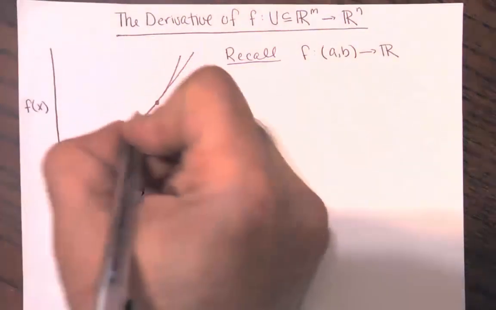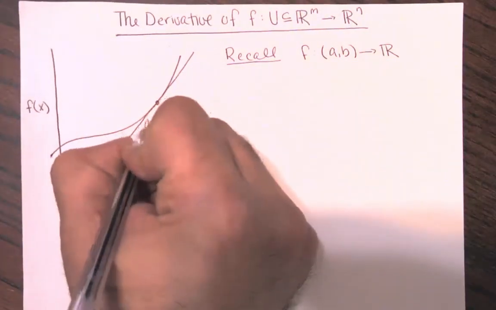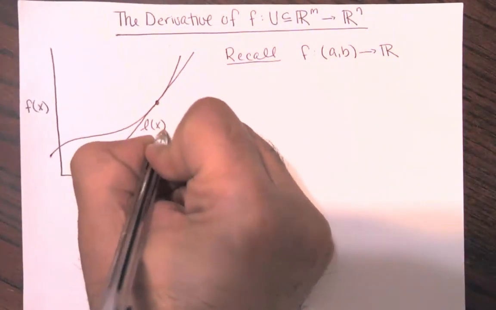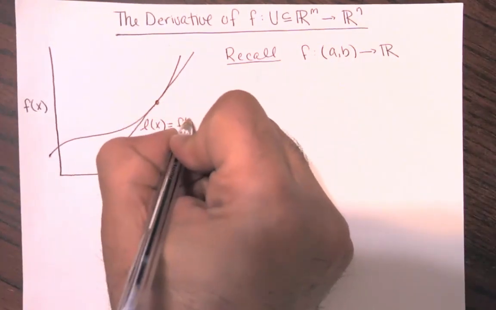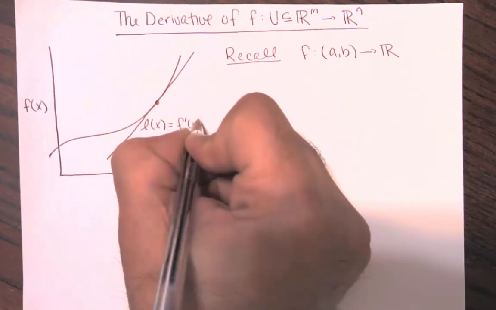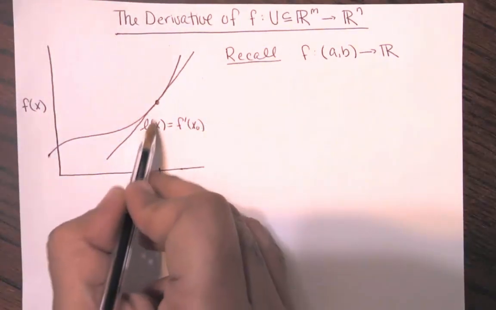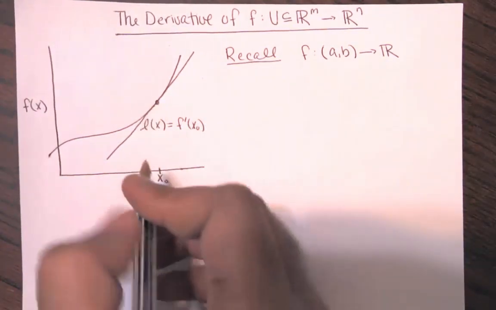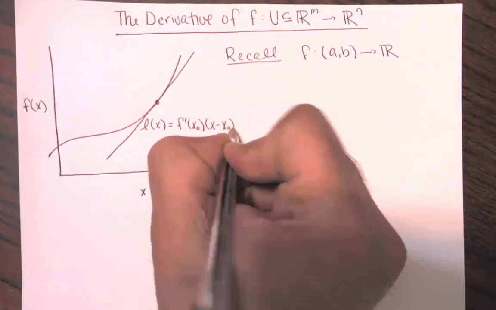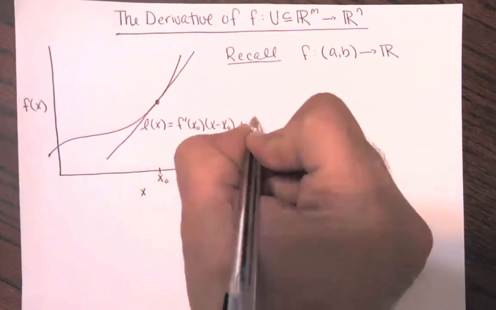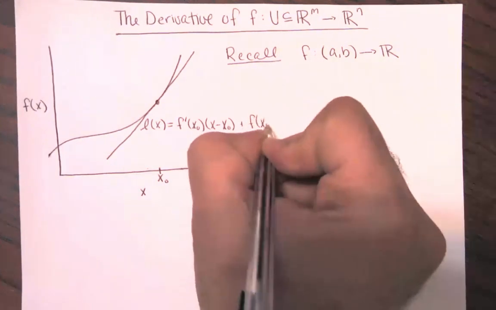Okay, we could actually express this tangent line as L of x equals f prime of x naught, right? Because L of x has the same slope of f at that point, times x minus x naught plus f of x naught.